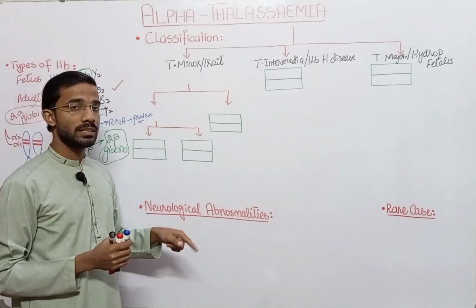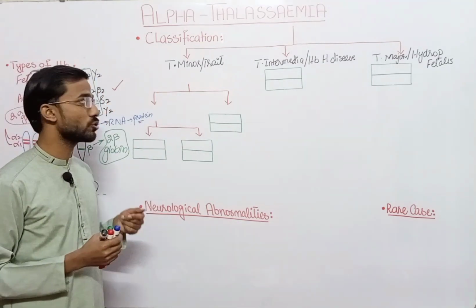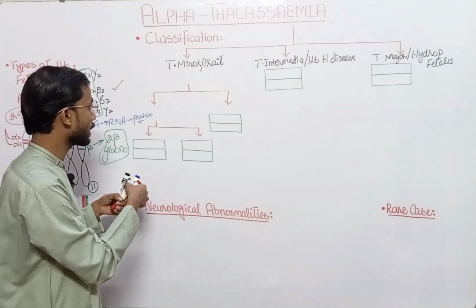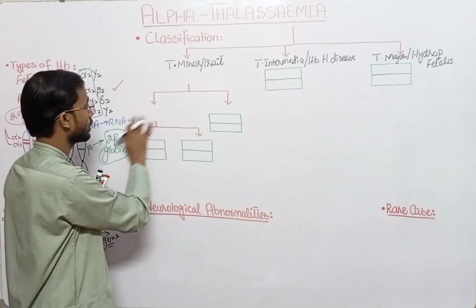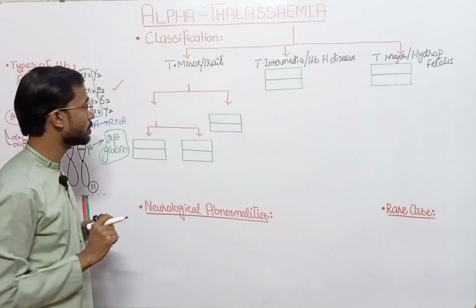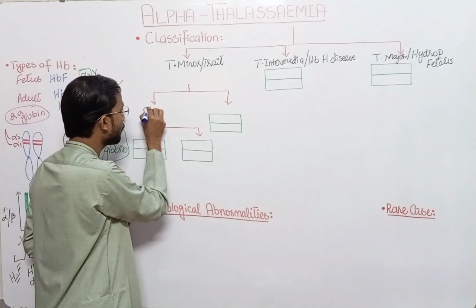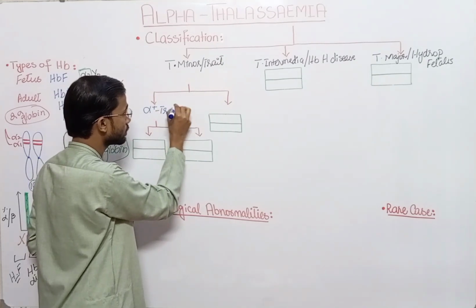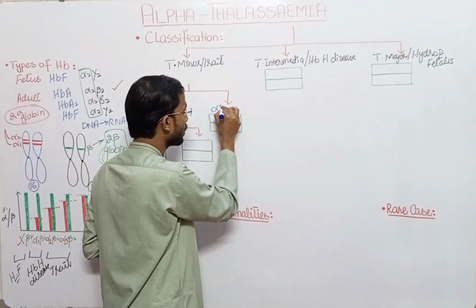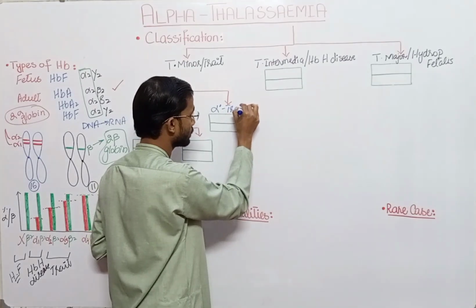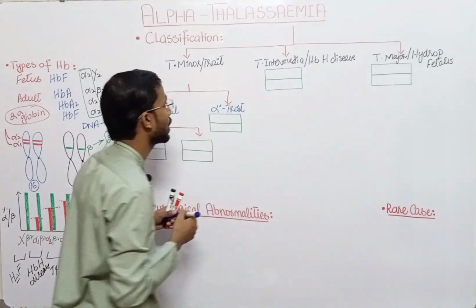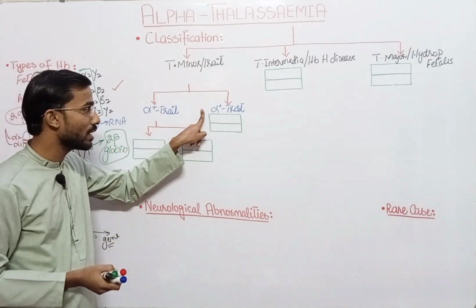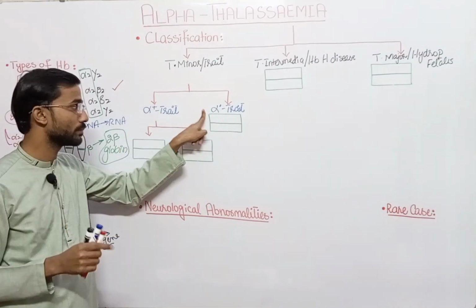In alpha thalassemia minor, or you can say trait, there are two categories: alpha positive trait and alpha not trait. What actually is the difference between alpha positive and alpha not?